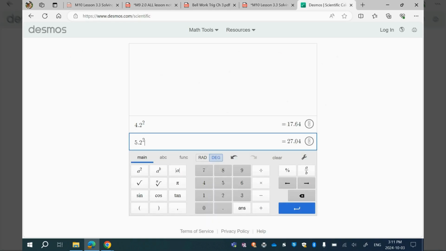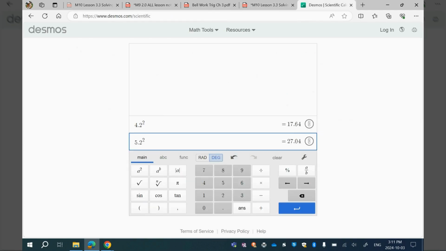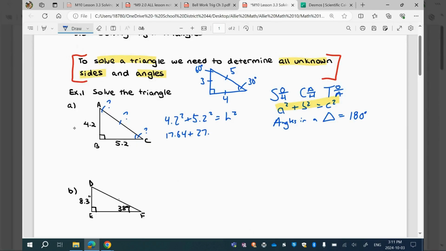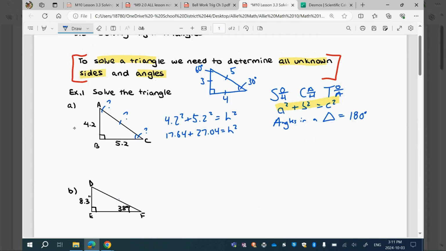Yep, 5.2 squared equals 27.04. That's going to equal our h squared. Let's add those up. So 27.04 plus 17.64 equals 44.68.